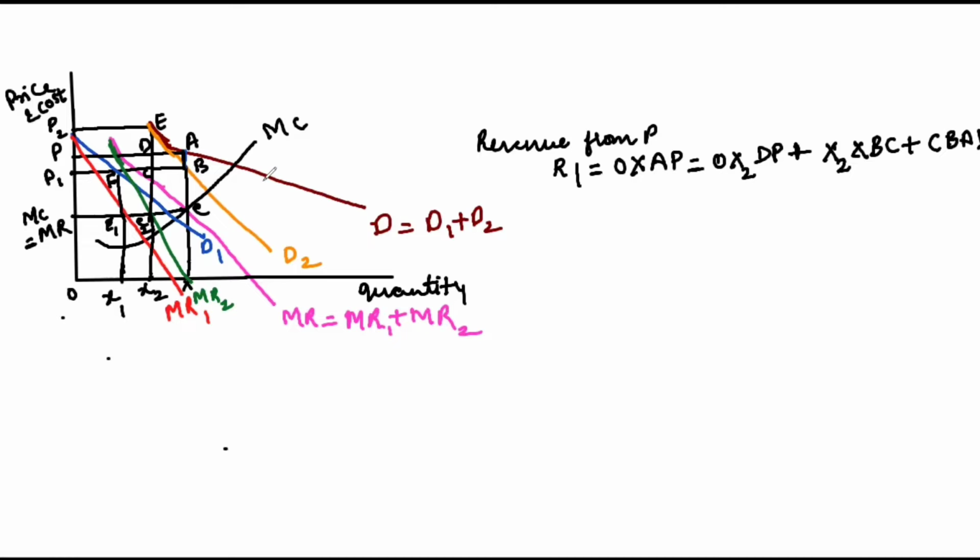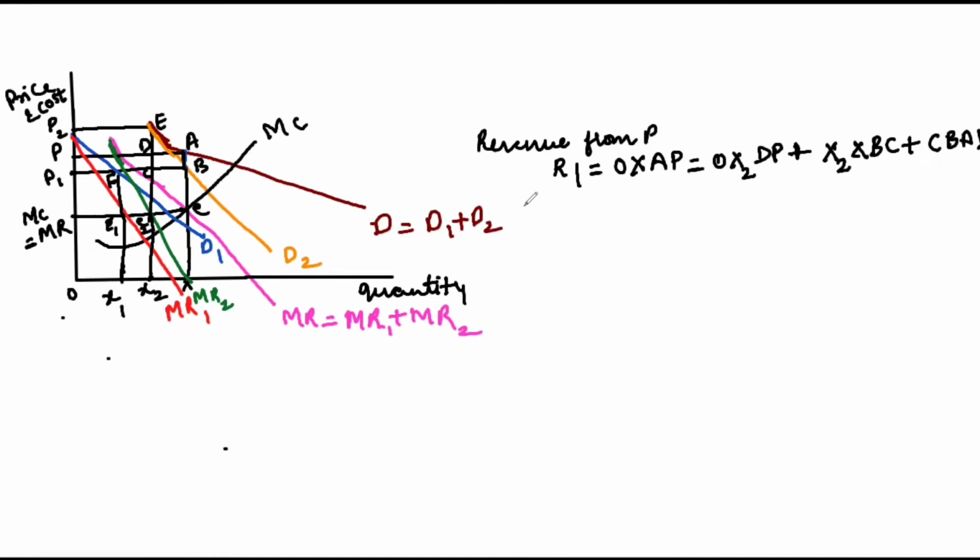So we have divided this portion OXAP into OX2DP plus X2XBC and CBAD. So this is the total revenue which is earned by the monopolist by charging a single price.